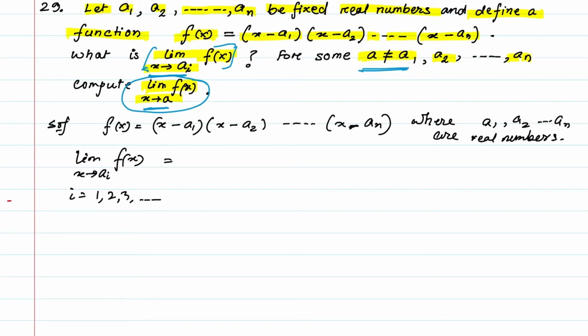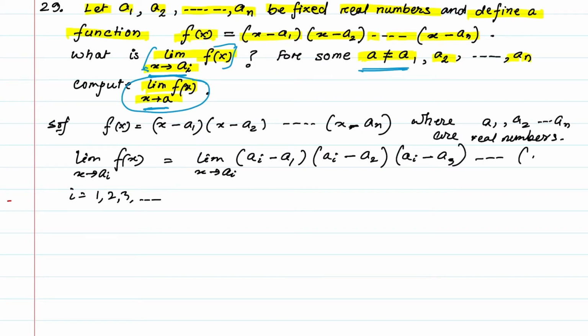Then here the limit of this will be, so let me write like this first, x tends to ai. So here ai minus a1, ai minus a2, then ai minus a3, dot dot dot and so on, ai minus an.